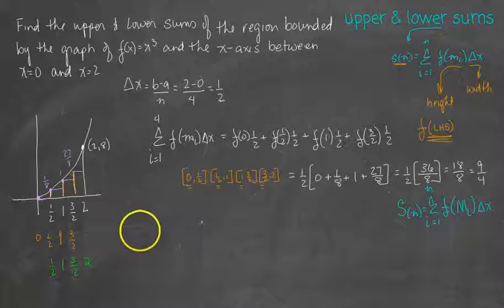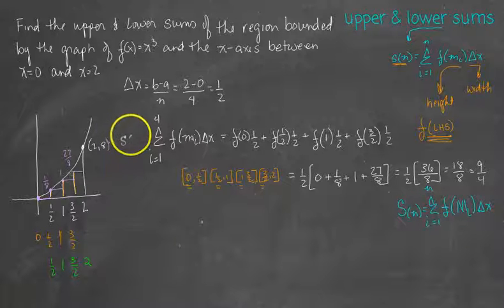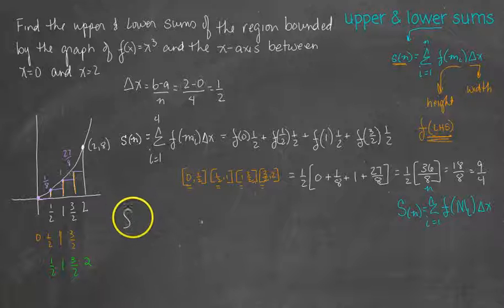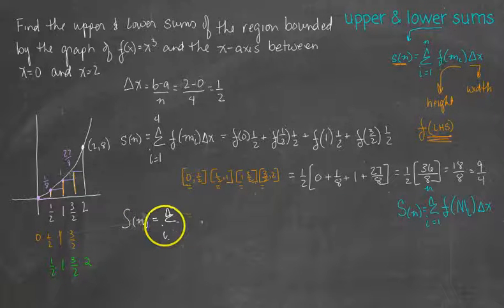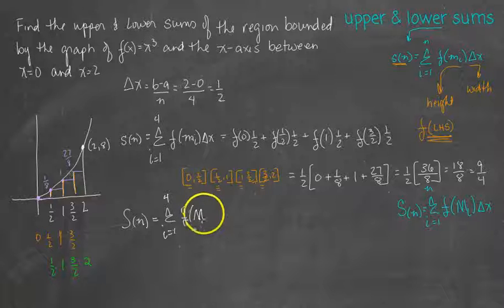I already know, well, let's write this as lowercase n, the lower sum. And so the upper sum is the sum from i equals 1 to 4 of f of capital M sub i times delta x, just so it matches.